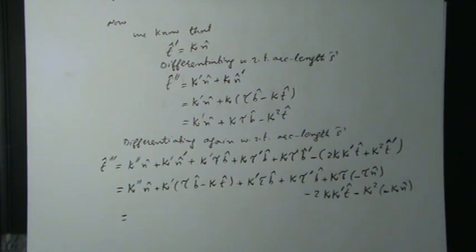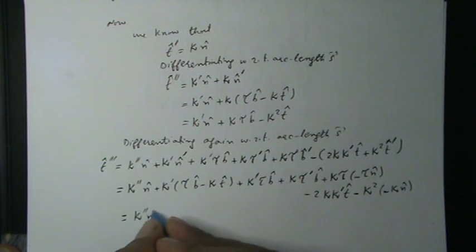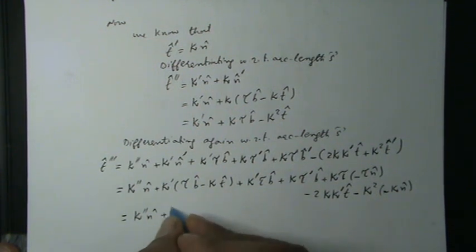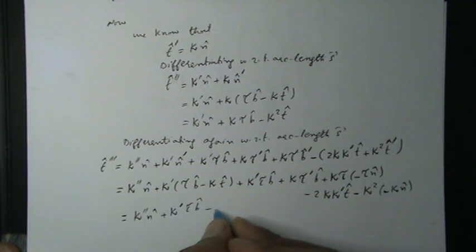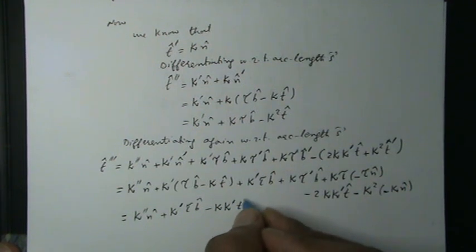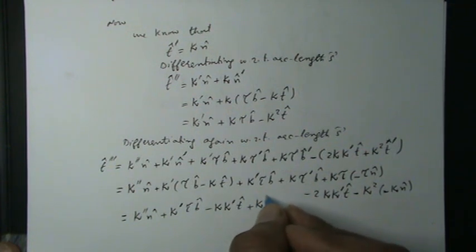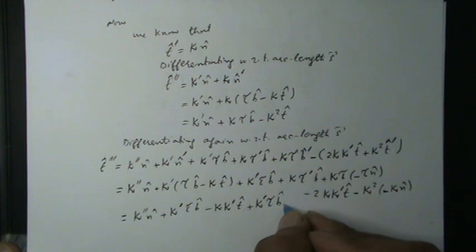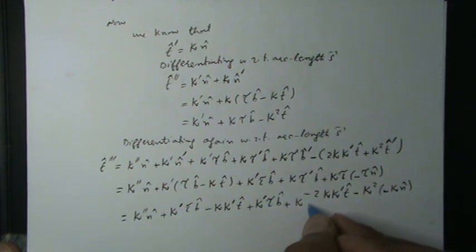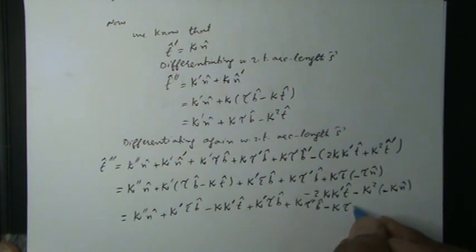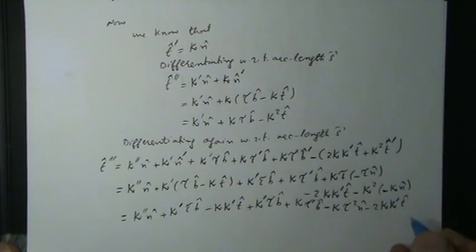This is equal to kappa double derivative n unit vector plus kappa derivative tau b unit vector minus kappa derivative tau unit vector, plus kappa derivative tau b unit vector plus kappa tau derivative b unit vector, minus kappa tau square n unit vector, minus 2 kappa derivative tau unit vector plus kappa cube n unit vector.